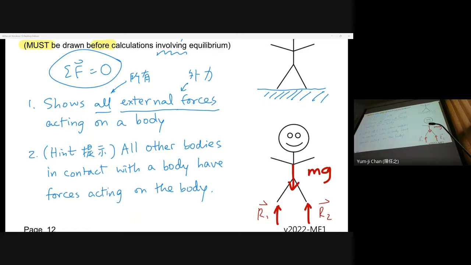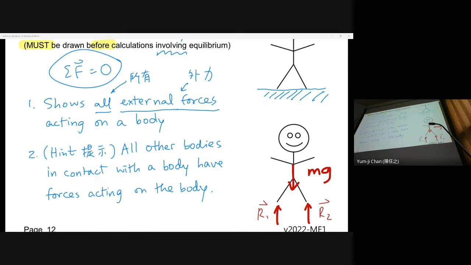The thing here is that the biggest problem of your seniors in drawing free body diagrams is that, for example, here we should have three forces, but sometimes your seniors would just draw two.